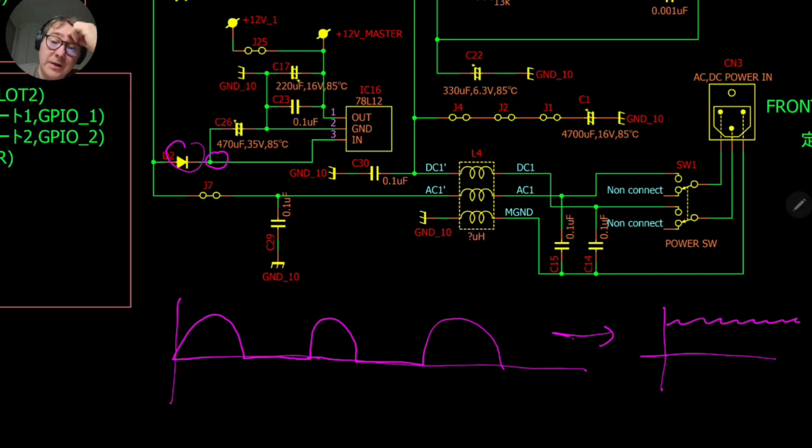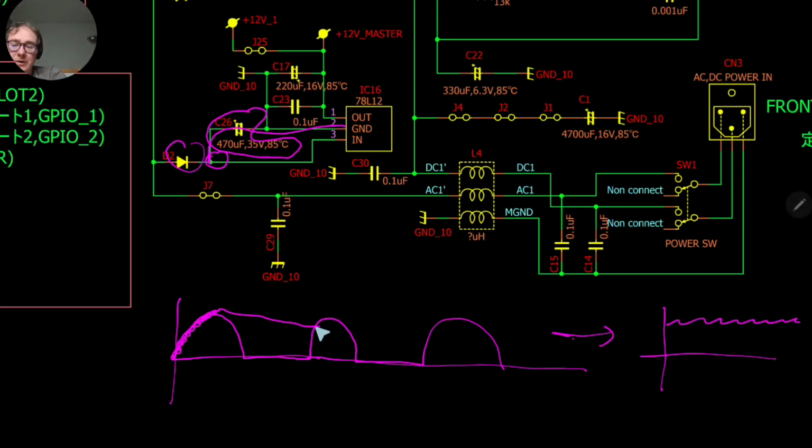So the way that you do it is you can put a capacitor, which is actually this large capacitor here. If you put the capacitor like this, what will happen is that the capacitor will charge up to the maximum, and then it will discharge slowly like this.